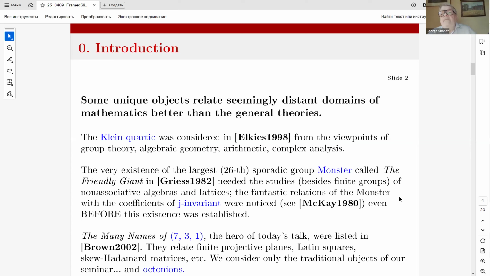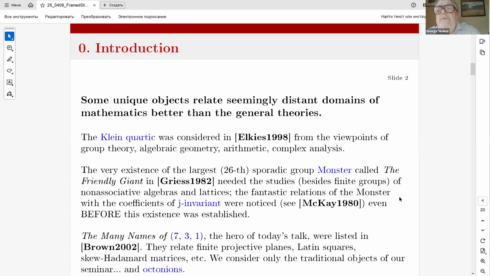The part of mathematics that, according to my teacher Shafarevich, is the most interesting in the whole of mathematics, sometimes is better understood in terms of particular objects than in terms of general theories.